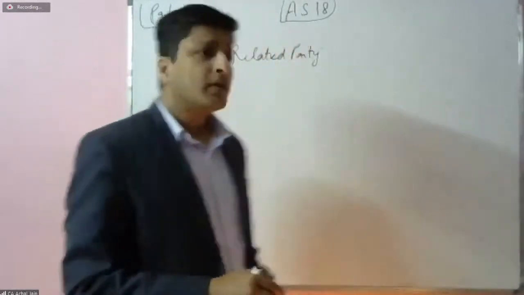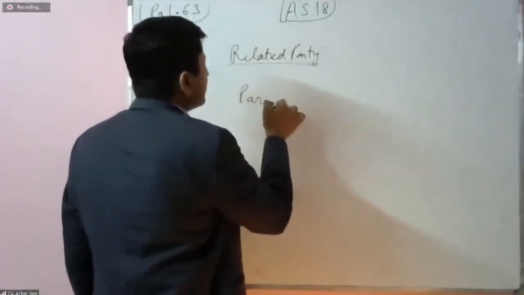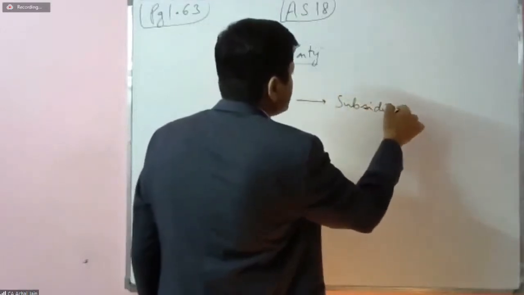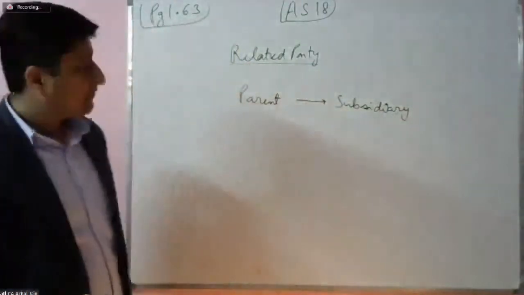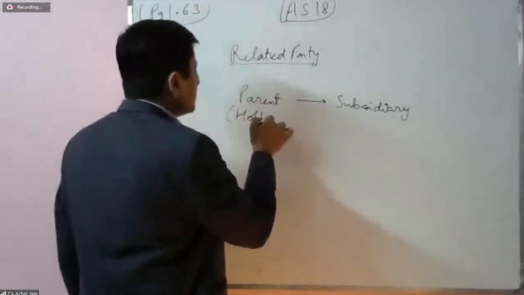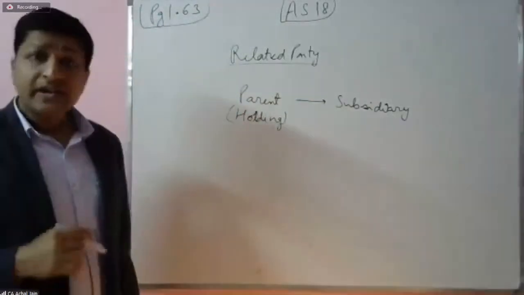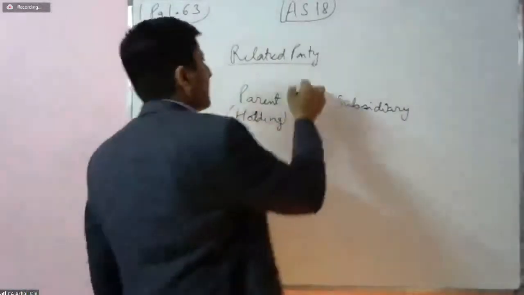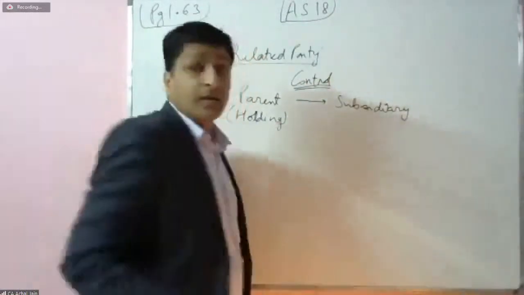For example, parent and subsidiary. Or you can say holding company and the subsidiary company. Let's suppose there's a parent company which has got control over another company.